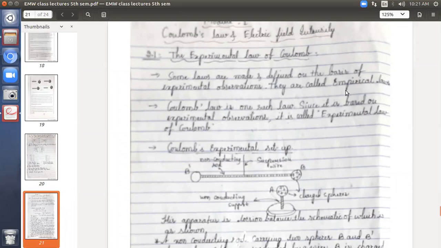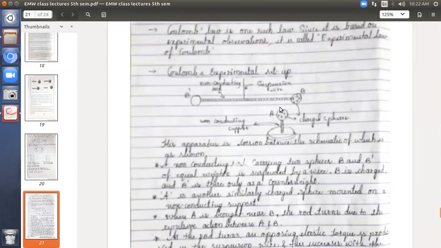Such kinds of laws are called empirical laws, and Coulomb's law is one such empirical law. By doing some changes, trials, changing some values, with all those parameters considered, experimentation was done for a long time, and based on the results and observations, this law has been defined.